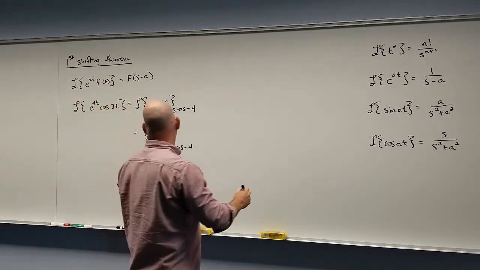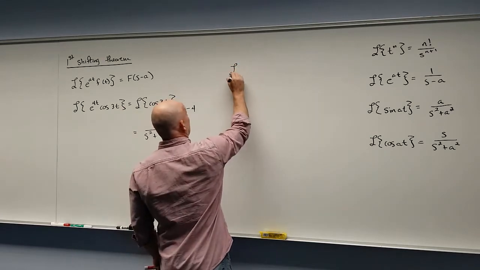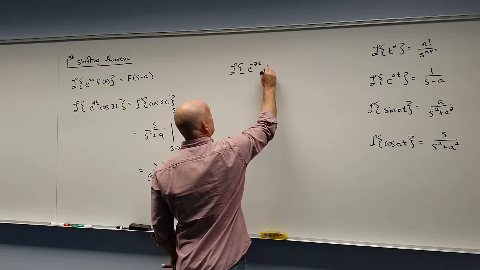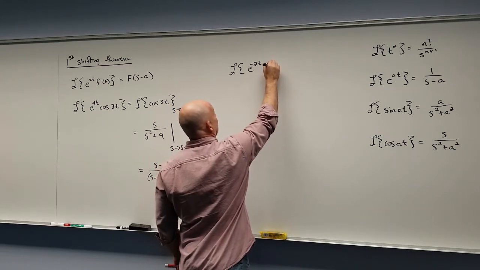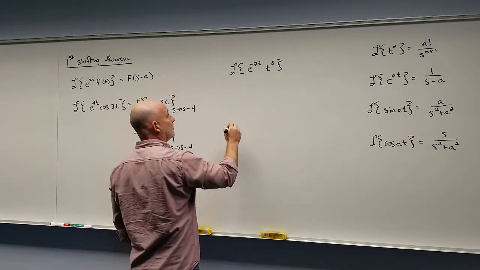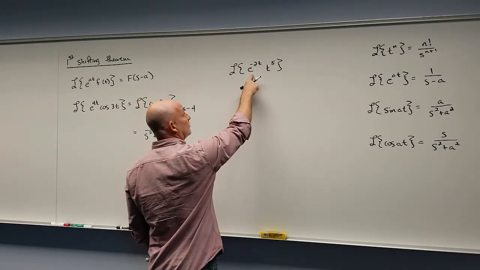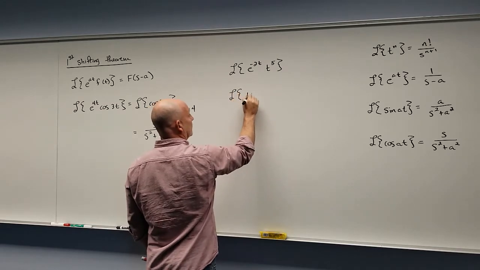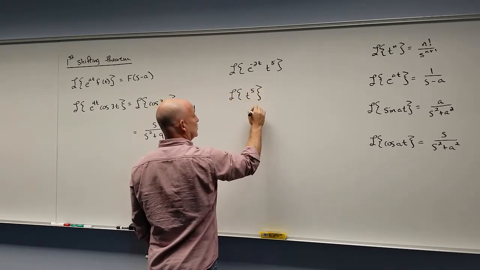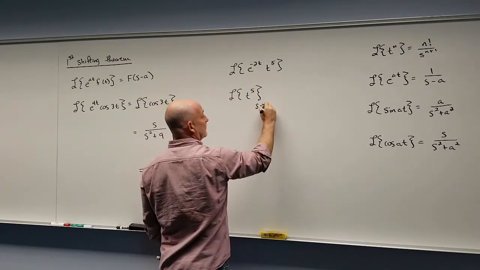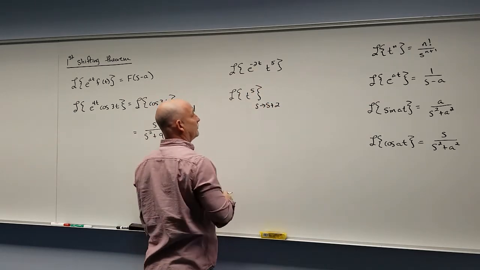So if I said, what's the Laplace transform of e to the negative 2t times t to the fifth? Well, what does that tell us to do? Since we're multiplying by an exponential in the t world, we know we're just going to do a Laplace transform of the function and then shift it. S to what? S minus a, where a is negative, so this is going to be s to s plus 2.